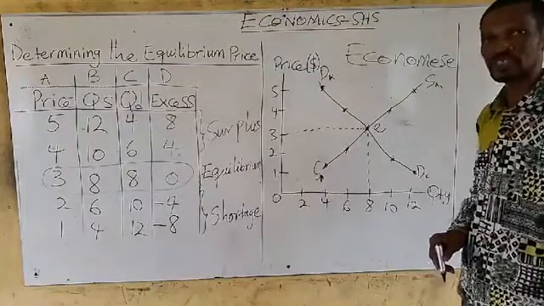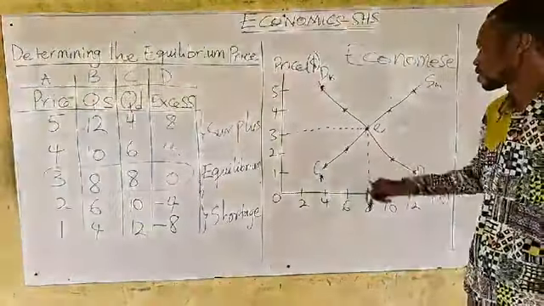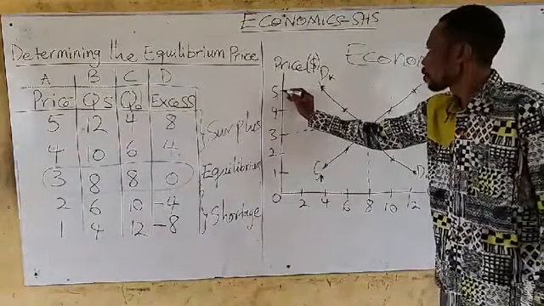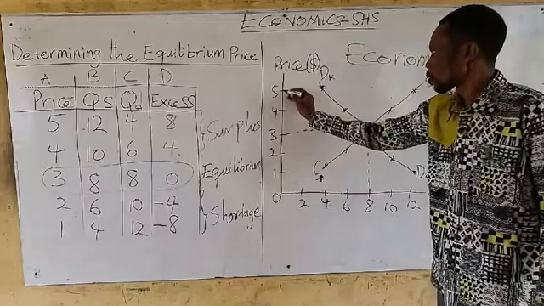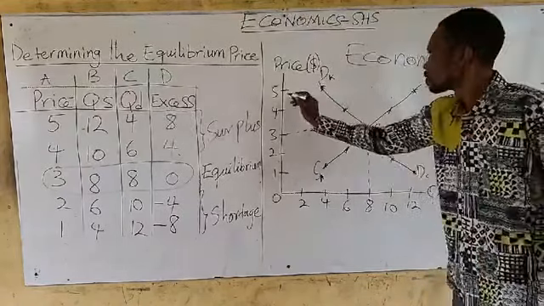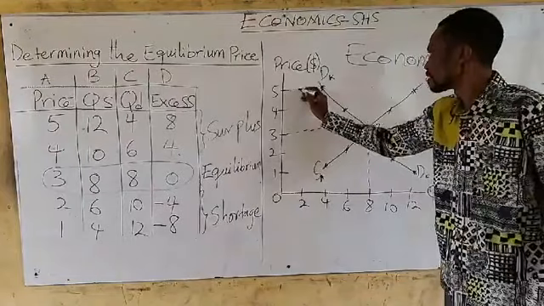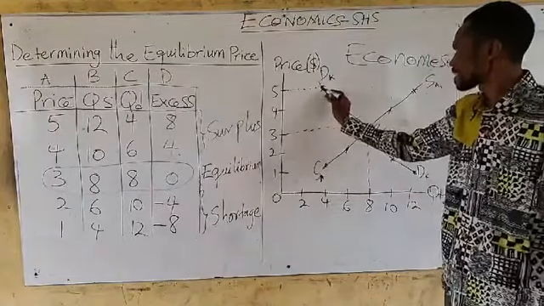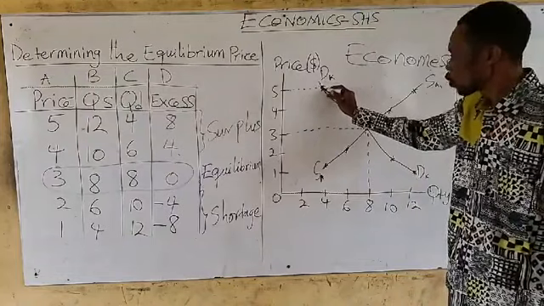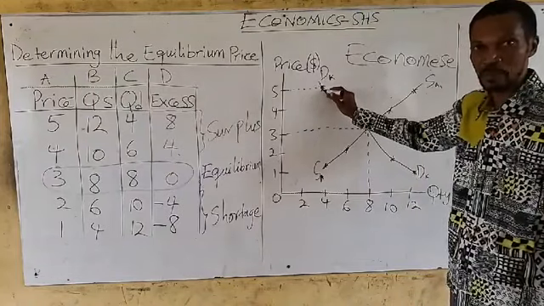Let's see how we can get that from the diagram. At the price of 5, how many quantities were supplied? First demanded, because of simplicity. You see that price of 5, this straight line touches a curve here. Which curve is that? It's the demand curve. So then you look for the quantity that was demanded at the price of 5.